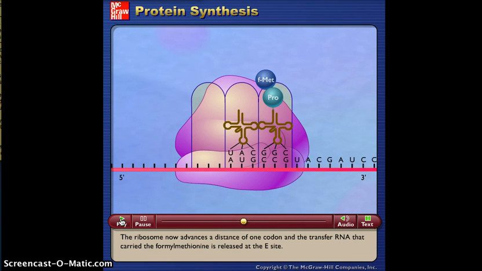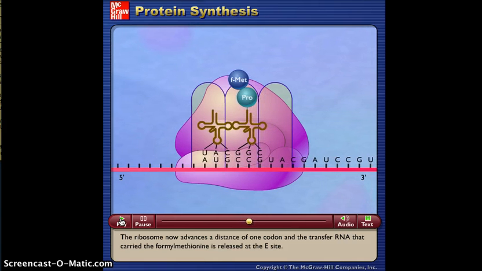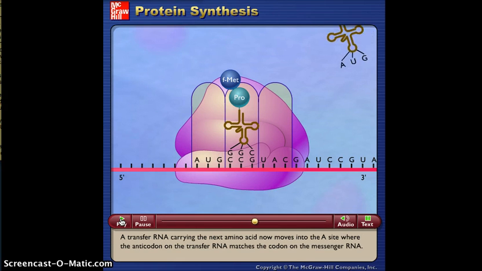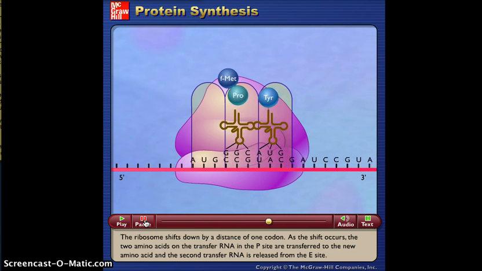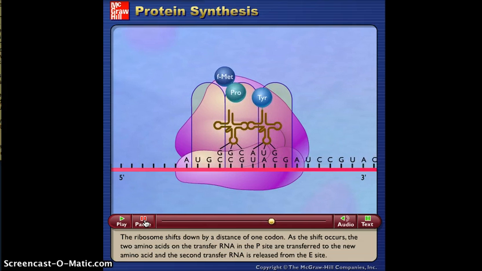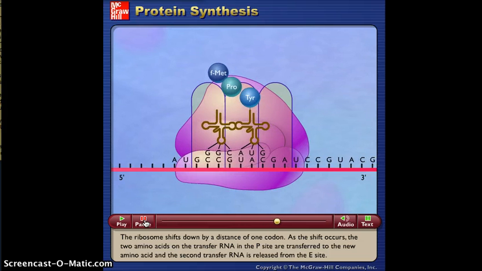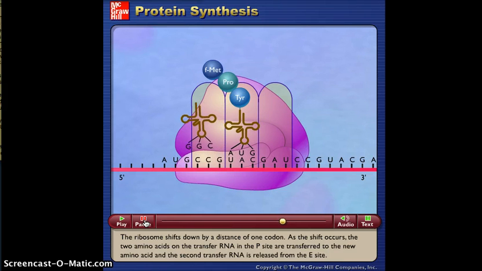The ribosome now advances a distance of 1 codon, and the transfer RNA that carried the formal methionine is released at the E site. A transfer RNA carrying the next amino acid now moves into the A site, where the anticodon on the transfer RNA matches the codon on the messenger RNA. The ribosome shifts down by a distance of 1 codon. As the shift occurs, the 2 amino acids on the transfer RNA in the P site are transferred to the new amino acid, and the second transfer RNA is released from the E site.